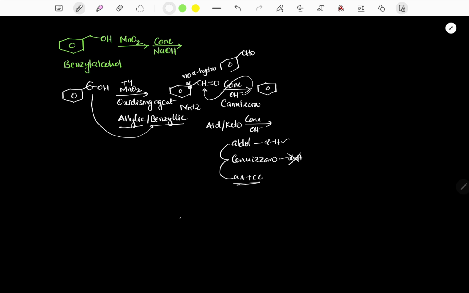The molecule attacked by OH- undergoes oxidation and the other molecule undergoes reduction. So it is oxidation and it is reduction. In the given reaction, the same carbon undergoes oxidation and the same carbon undergoes reduction. Therefore, it is an example of disproportionation.